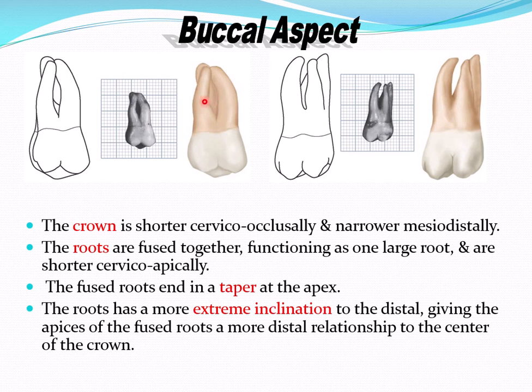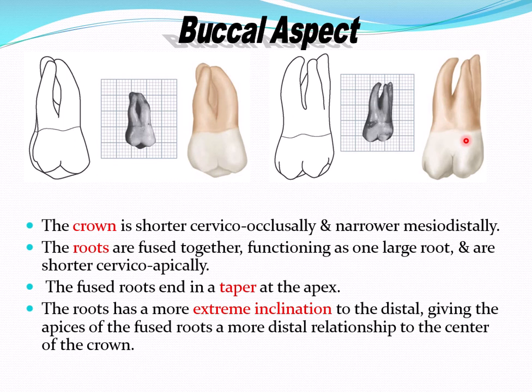The roots are closer to each other and extremely inclined to the distal, giving the fused apices a more distal relationship to the center of the crown. If we compare the relation between the root and the crown, these roots are more distal related to the crown than these roots.